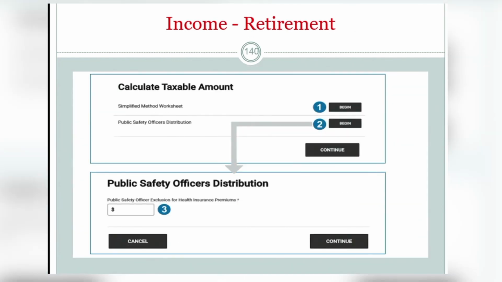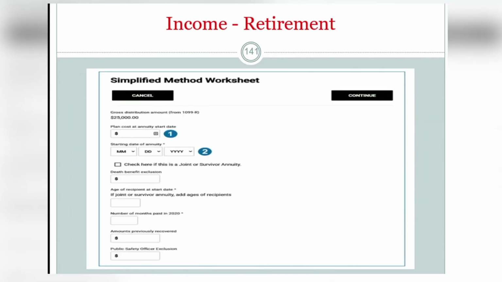There we go. So we will do the simplified method once we jump into the software. This is just kind of where you locate it. And so this is how you put it into the software. So once we calculate the plan at the start date of the annuity, we'll put the age here at the bottom, so the age of the recipient when the start date happened.